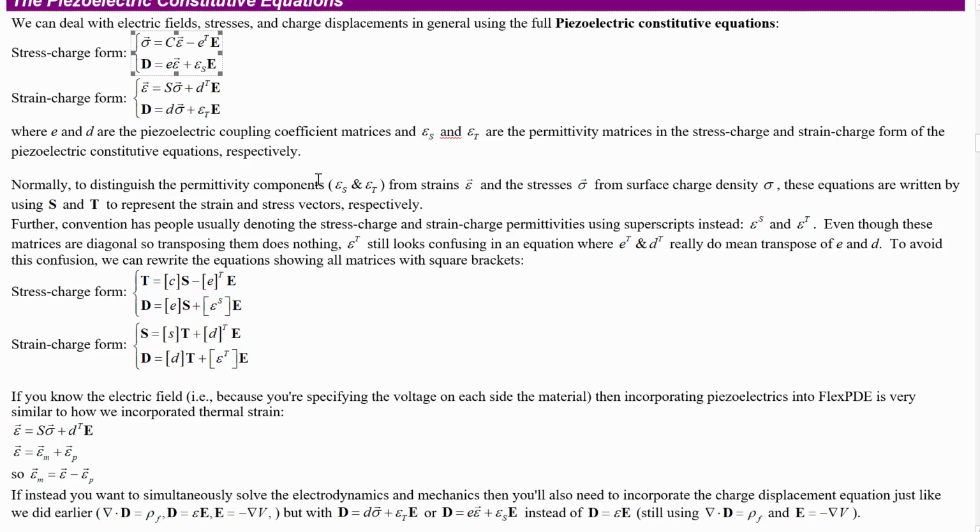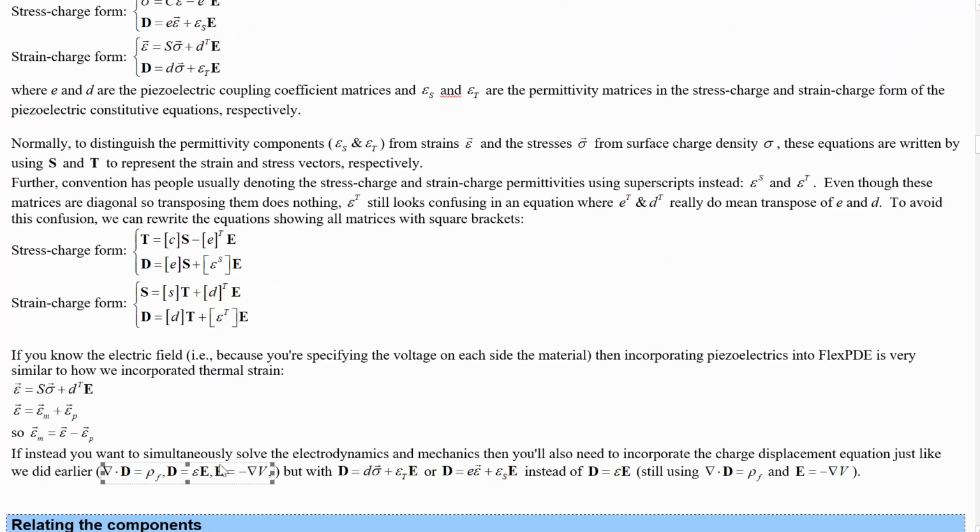If, though, we don't, if we have to solve for what the D field is, we can at least use the fact that the divergence of D is 0 inside of the dielectric because there's no free charge there. And in some special cases, we'll be able to say that just D is equal to 0. When does that happen? Well, there's no free charge inside the dielectric, so there's no divergence there.